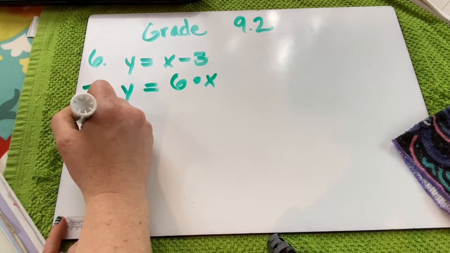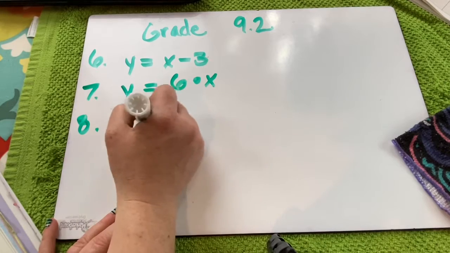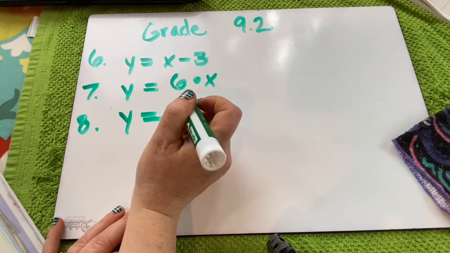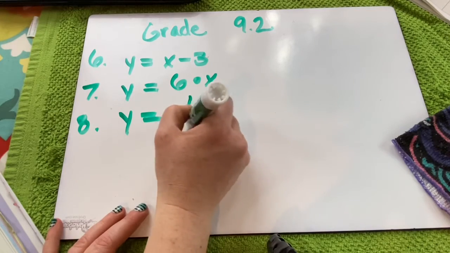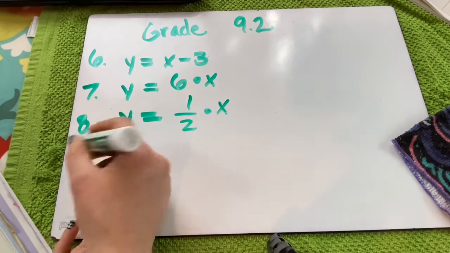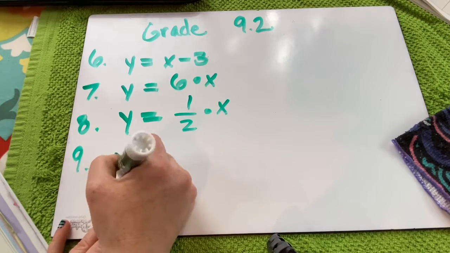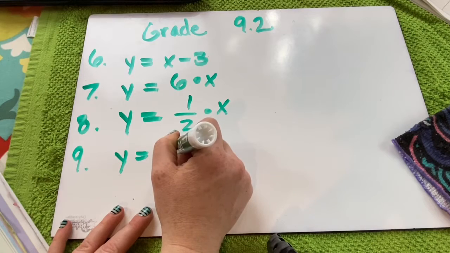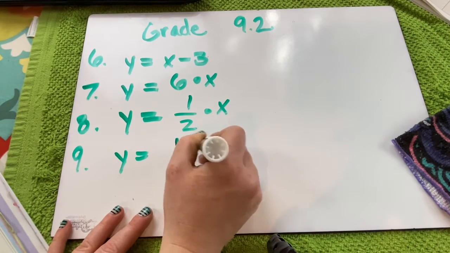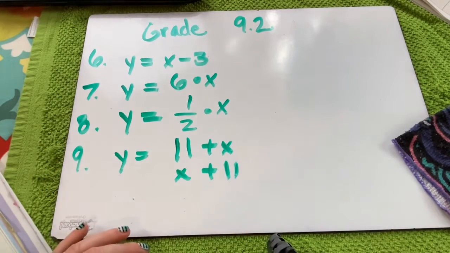Okay, number 8. The output, which is always y, is 1/2 the input. So this is 1/2 times x. Number 9. The output, y equals, is 11 more than the input. So we can do 11 plus x or x plus 11. Both of those would work.